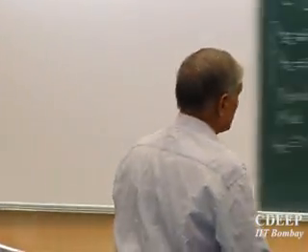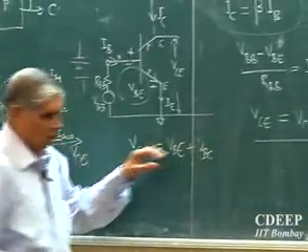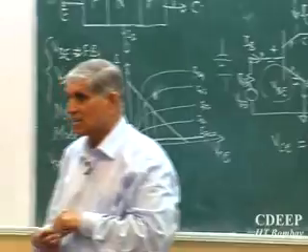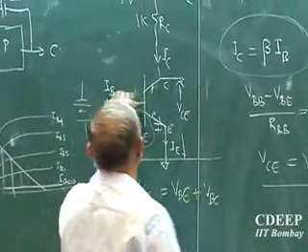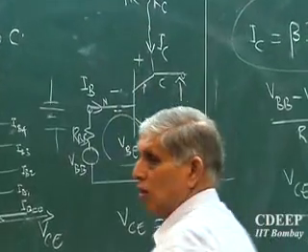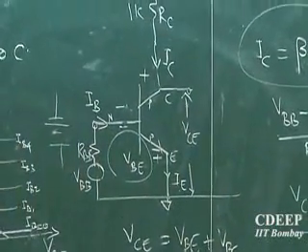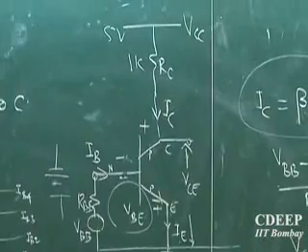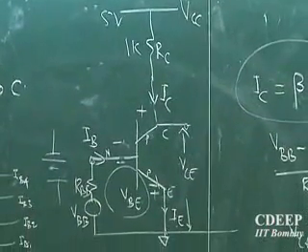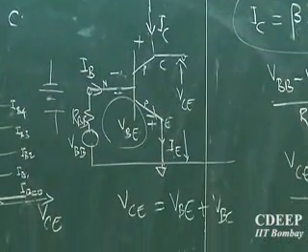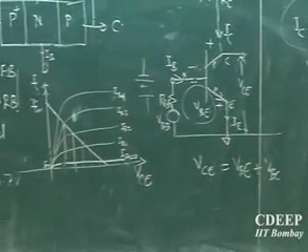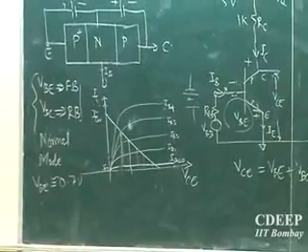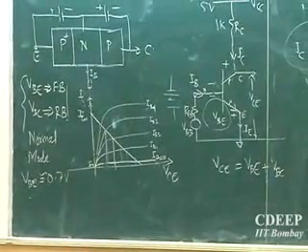Is that correct? So this relationship, the reduction in this, must have occurred only if the polarity of the base collector junction is reversed, because then they will oppose each other and VC will keep reducing, at best going to 0, which is not possible because there is a resistor, some drop will always remain.